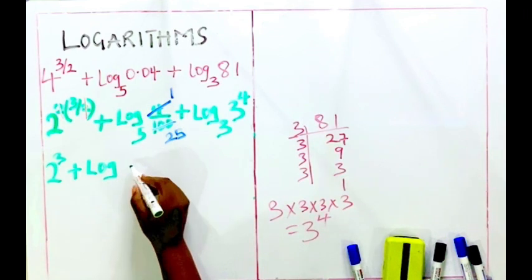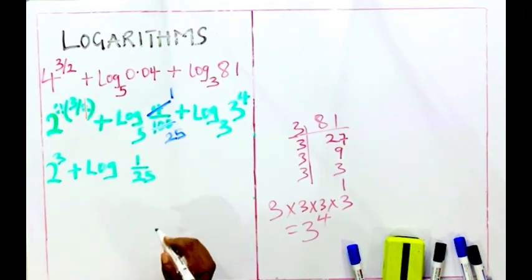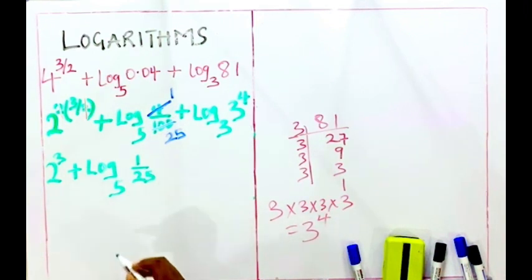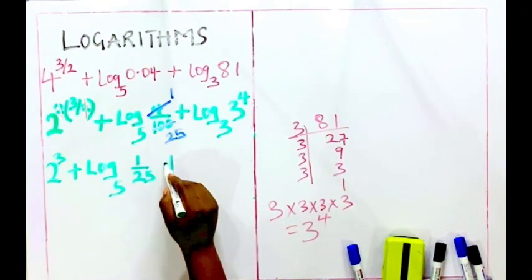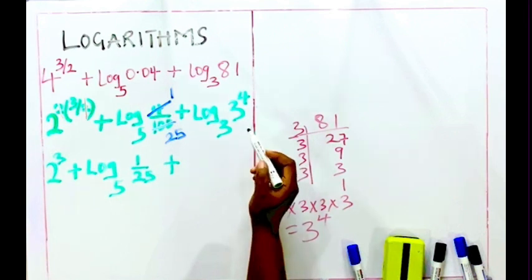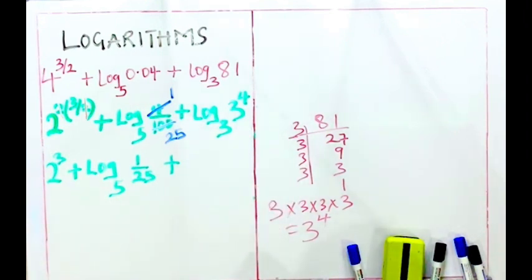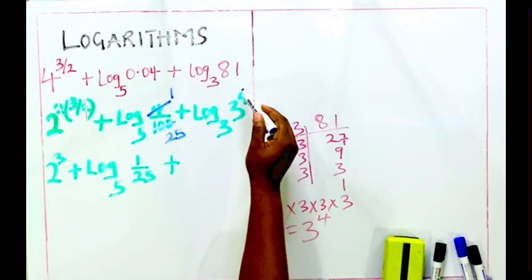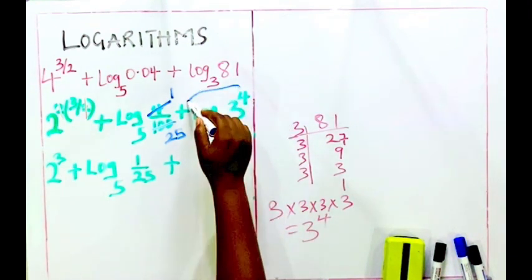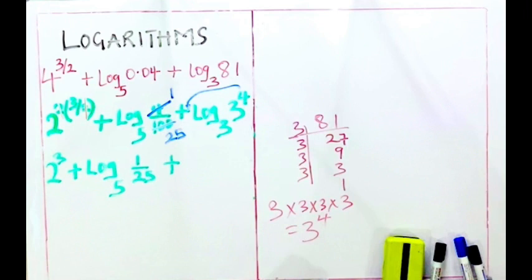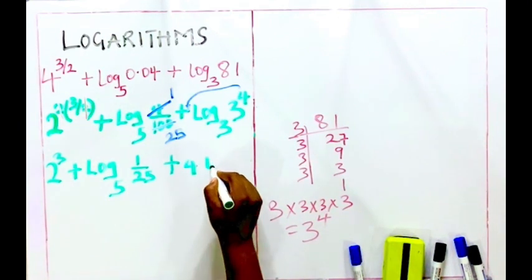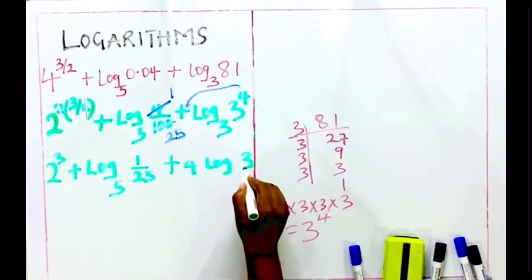You are left with log 1 over 25 to base 5 plus. Remember that when you get to this point, the index 4 comes here. 4 will be right behind the log. This will be 4 log 3 to base 3.